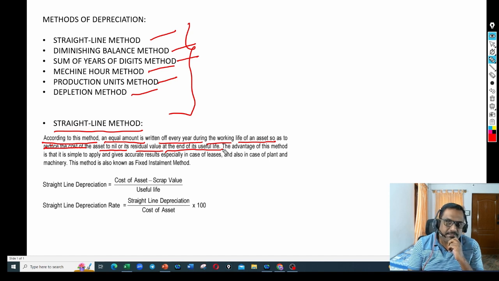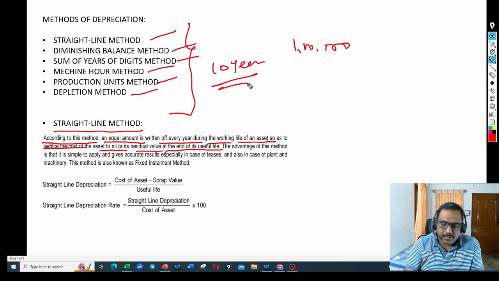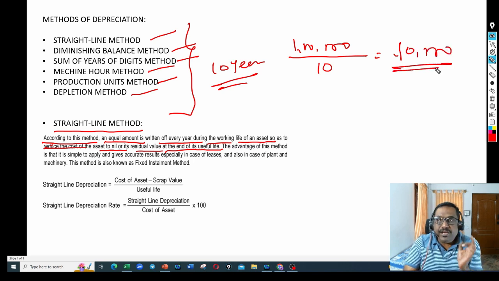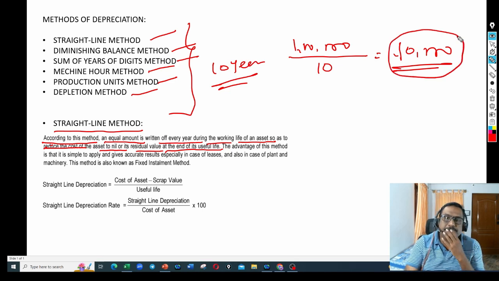What do you mean by that? Suppose I purchase an asset for 1 lakh, and the useful life of this asset is 10 years. Let us divide this 1 lakh by 10 years. How much do you get? 10,000. That means every year you are going to write off 10,000 rupees as depreciation.